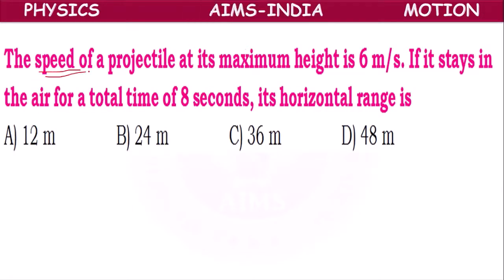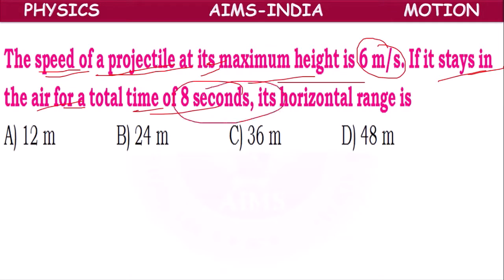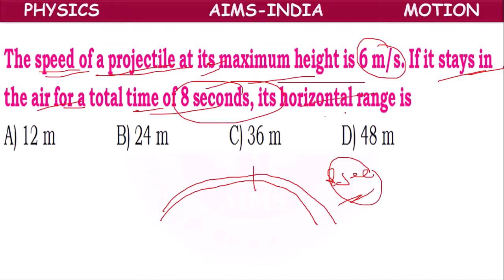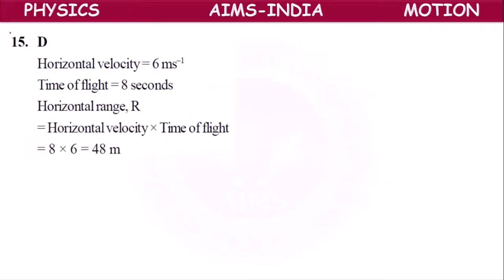Next one. The speed of a projectile at its maximum height is 6 meter per second. If it stays in the air for a total time of 8 seconds, while going up and while coming down, then what is the horizontal range?